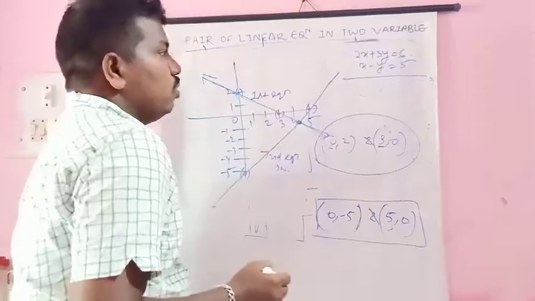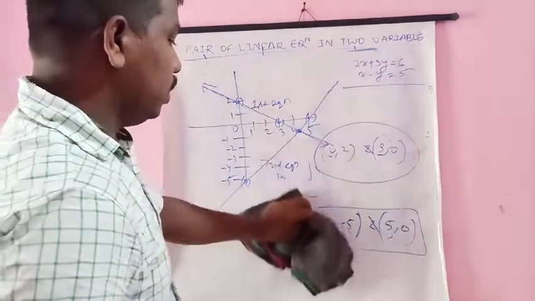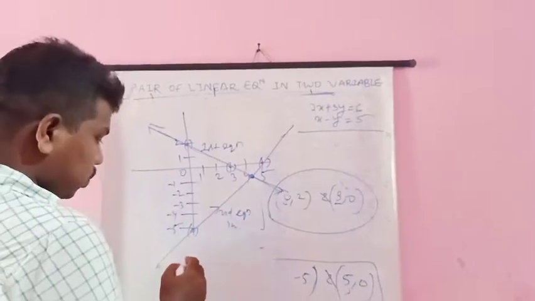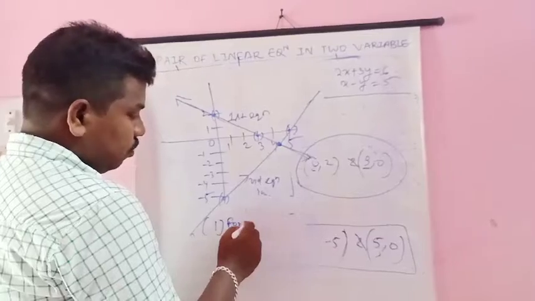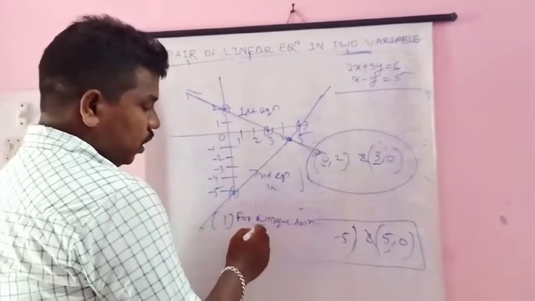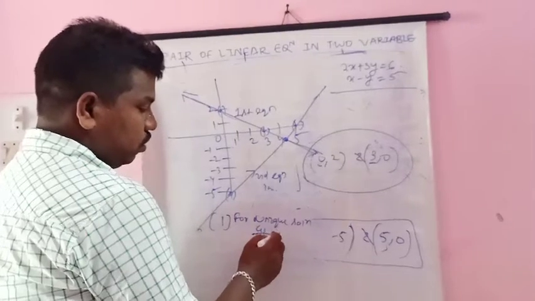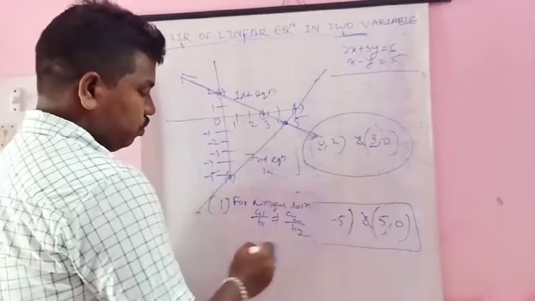For that we apply some rules. For a unique solution, the condition is a1 by b1 not equal to a2 by b2.